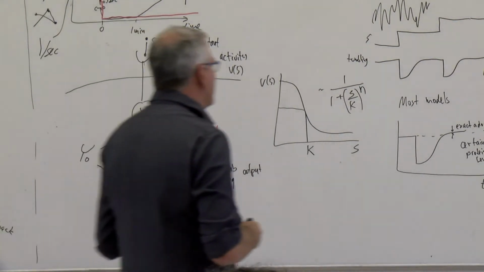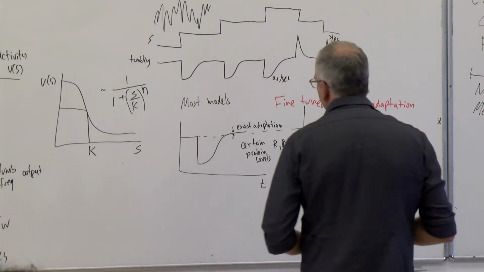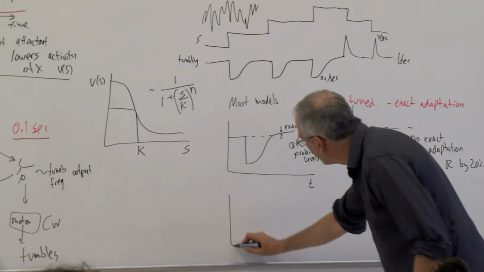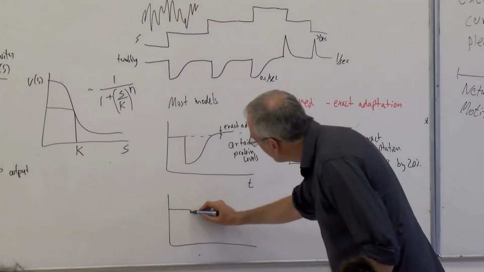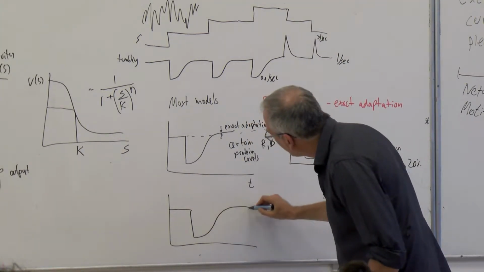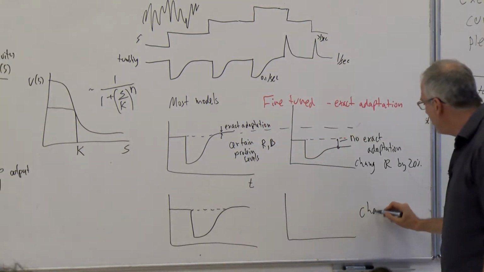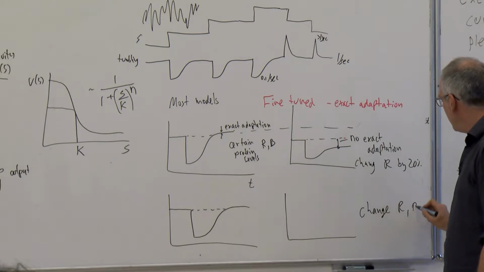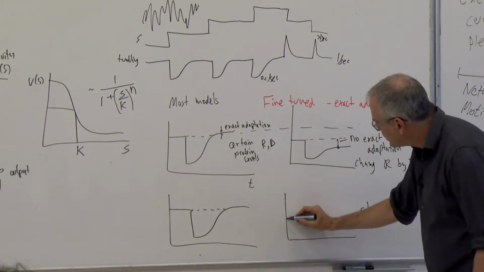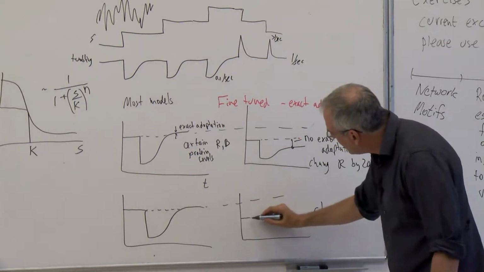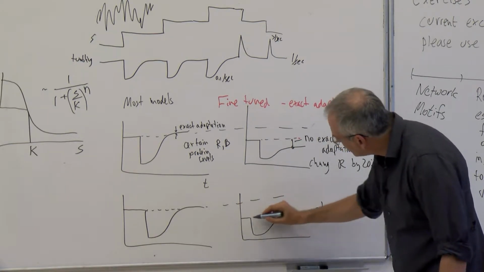But in bacterial chemotaxis, you have exact adaptation. And if you change R, B by a lot, you can change the steady state level, but you still get exact adaptation.